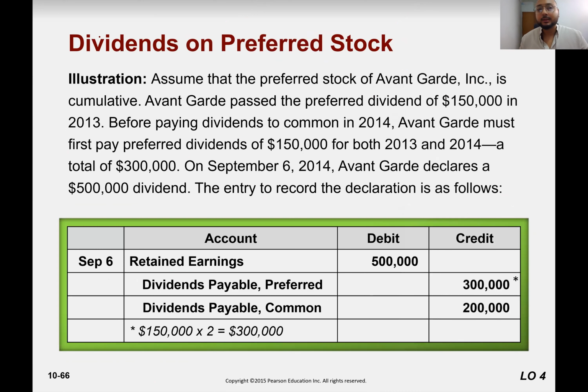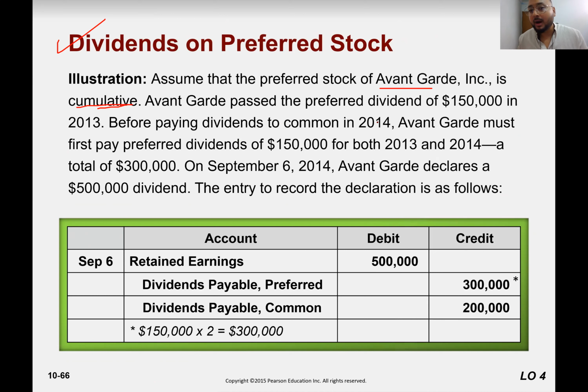So we have the illustration here. Assume that the preferred stock of Event Guard is cumulative, which means if we couldn't make payment of the dividend right now, we will be adding it to our next payment as well.